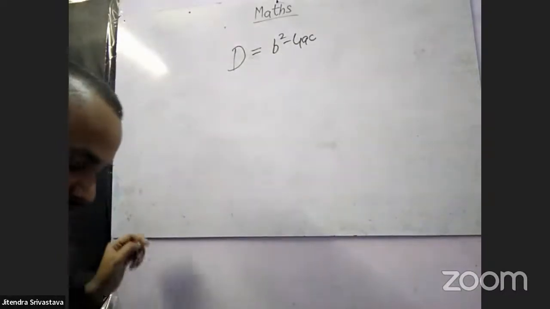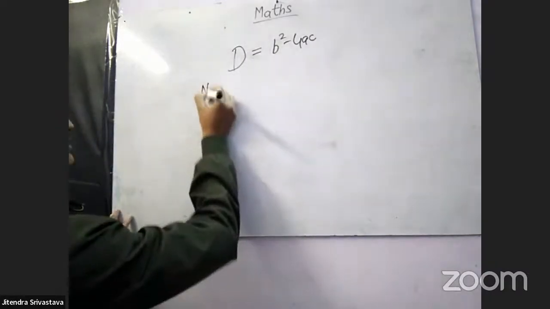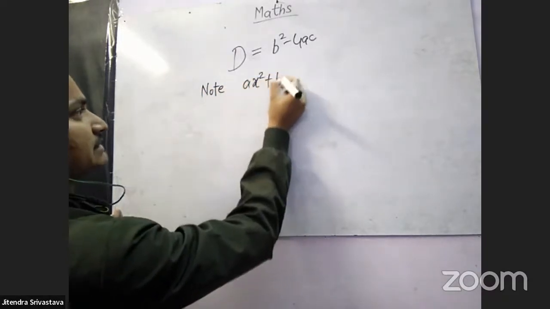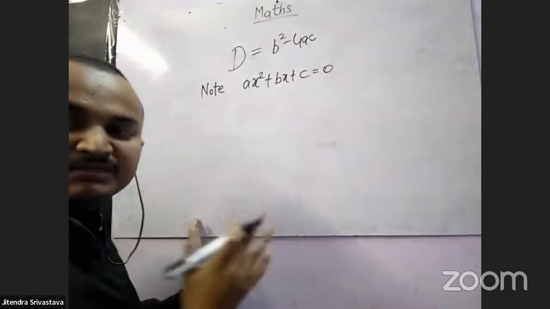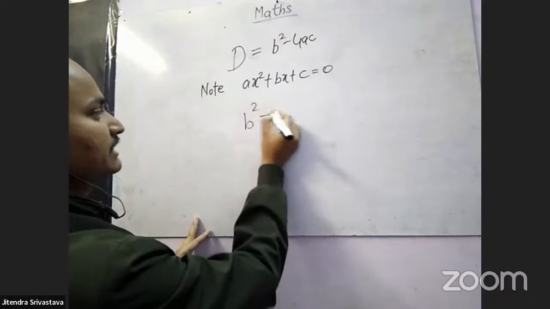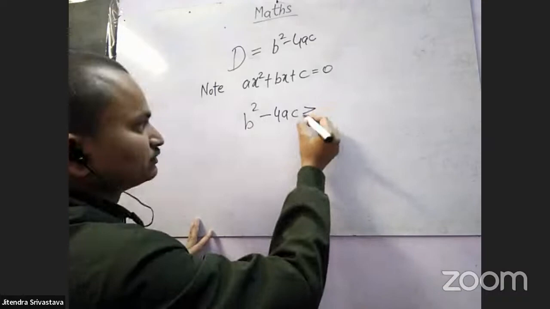So now there is an important note. Please note down that for ax square plus bx plus c equals 0, the roots will be real when b square minus 4ac is greater than or equal to 0.